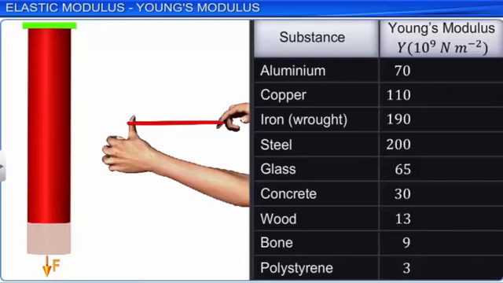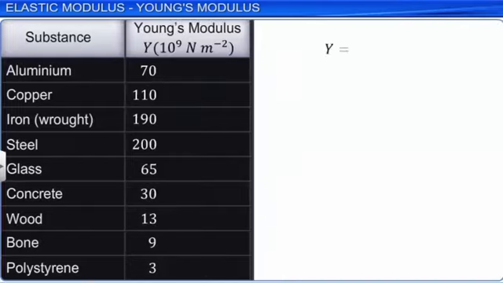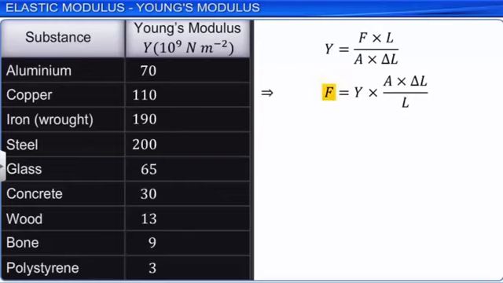If bodies of different materials have the same area of cross-section A and the same original length L, then the material with a higher Young's modulus Y will need a larger force F to be applied to produce the same change in length, delta L. All load-bearing equipment is made or supported by materials such as steel because they are better able to withstand deforming forces.